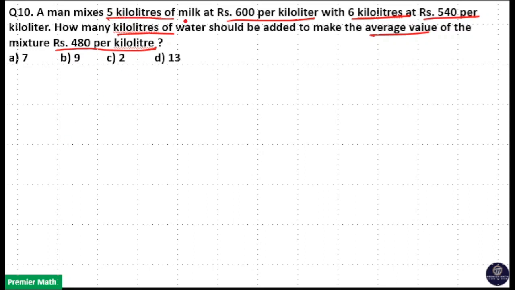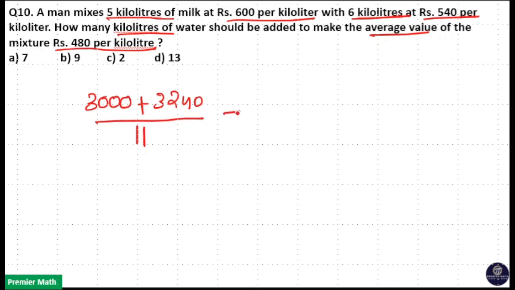Here the total is 5 plus 6, 11 kiloliters of milk, and its price is 5 into 600, 3000, plus 6 into 540, that is 3240. So the price for 11 kiloliters of milk is 6240.